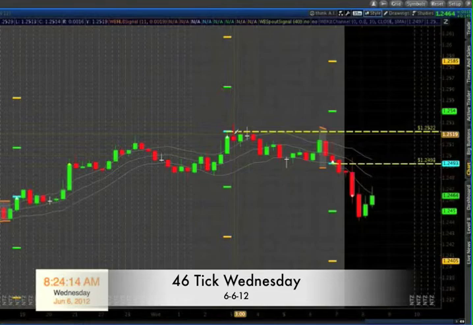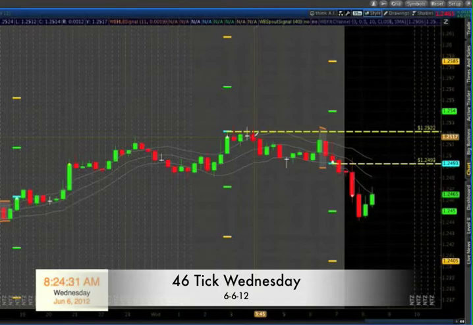The next best place to have entered would have been at the low of this bar, which was the 345 bar, shorting at approximately 2512-ish, 2511-ish, and then sitting on that all the way.